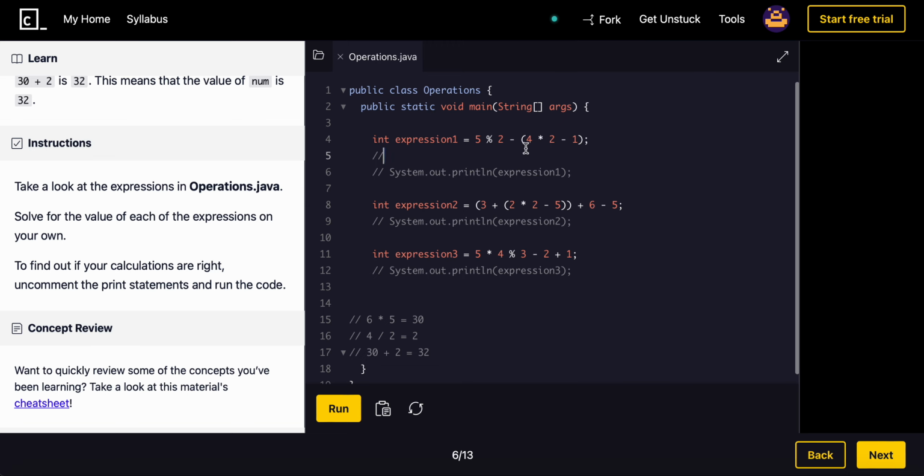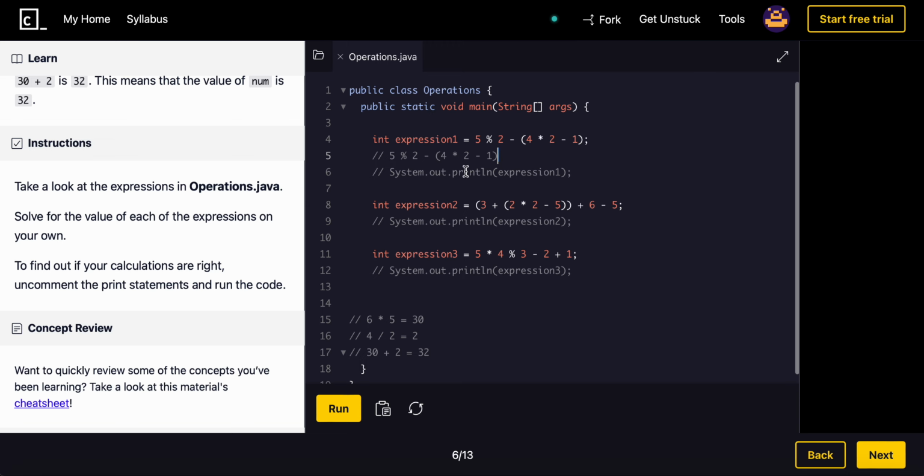First, remember, parentheses first. So we have the 4 times 2. Let's go ahead and write this out real quick. I'm just going to copy paste this.